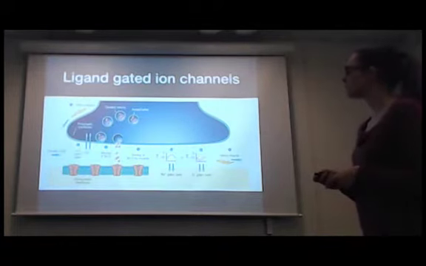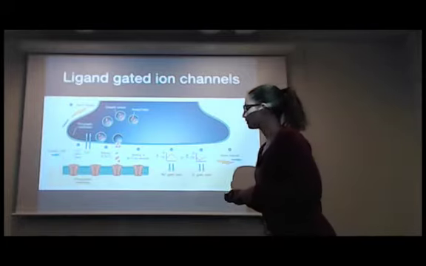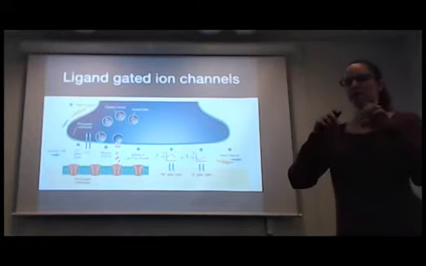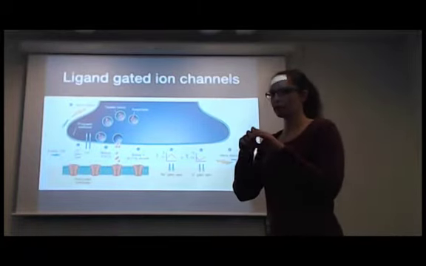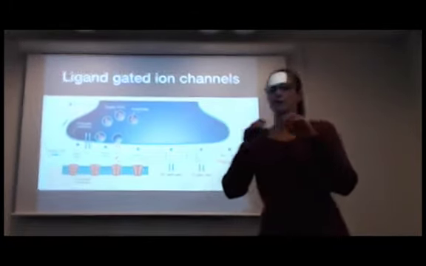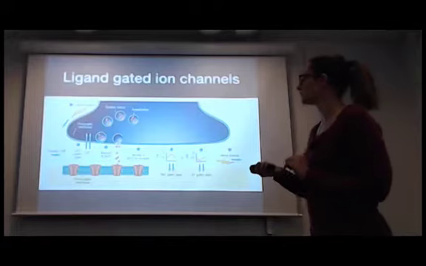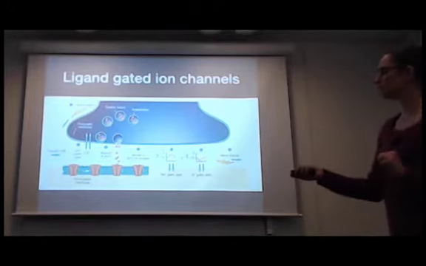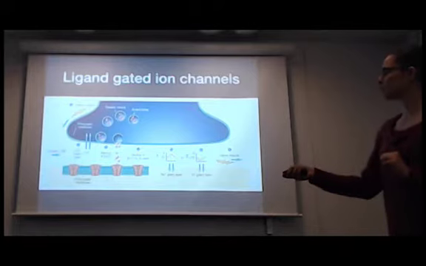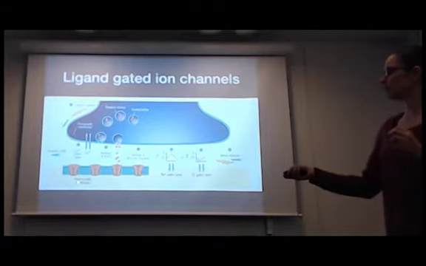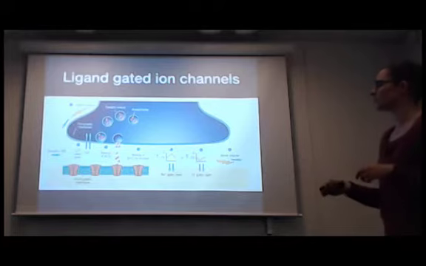This takes me to ligand-gated channels. Whereas voltage-gated channels were usually located along the elongated portions of cells because they're involved in propagating electrical signals, ligand-gated channels are usually located at the level of the so-called synapse, in the postsynaptic membrane, so in the membrane after the synapse.